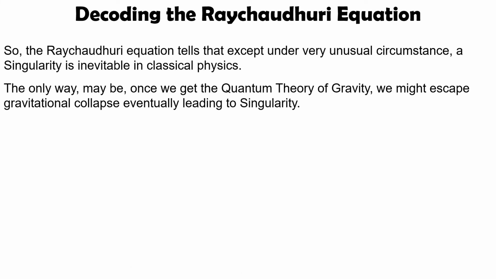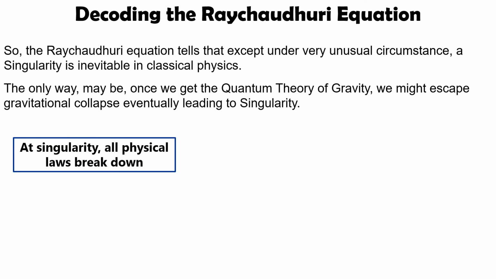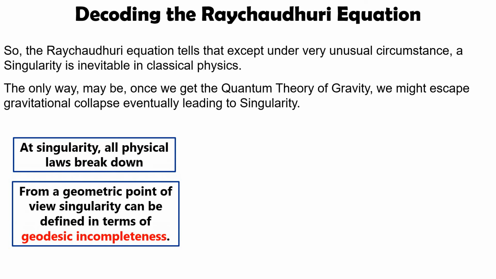And the only way, once we get to the quantum theory of gravity, which we are still trying to find, is that we might escape gravitational collapse eventually leading to singularity. So the most important point is that at singularity, all physical laws break down. Second thing is that from a geometric point of view, singularity can be defined in terms of geometric incompleteness.